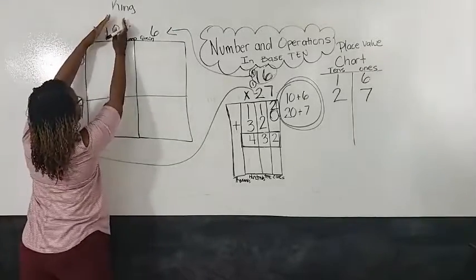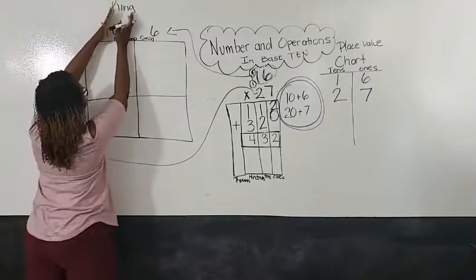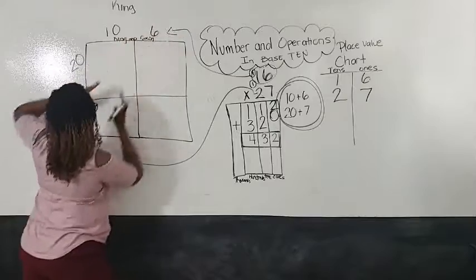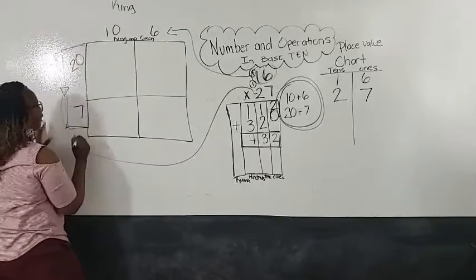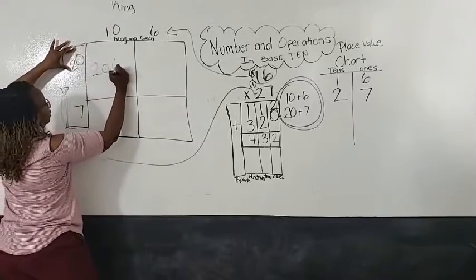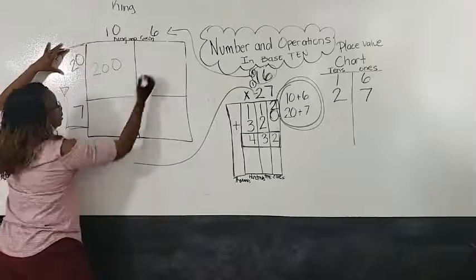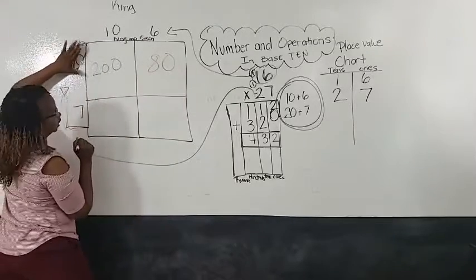So all these numbers are doing is staying in position. You don't even have to worry about that. Okay? You're going to multiply 10 times 20 and get 200. You're going to multiply 6 times 20 and get 120. In position, she's all done.